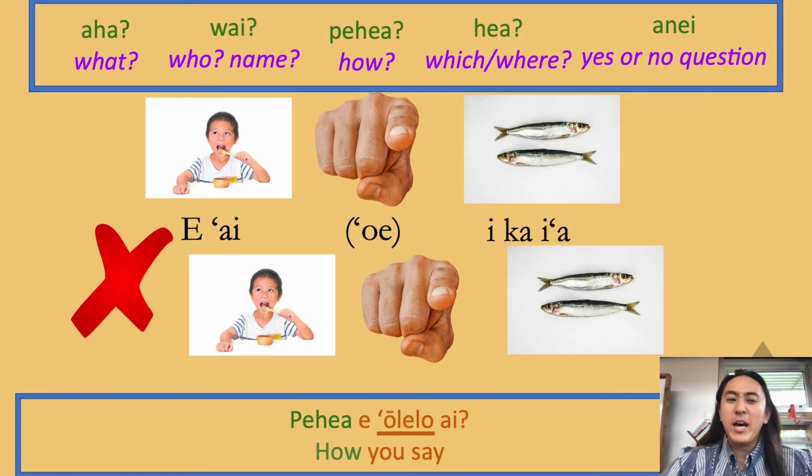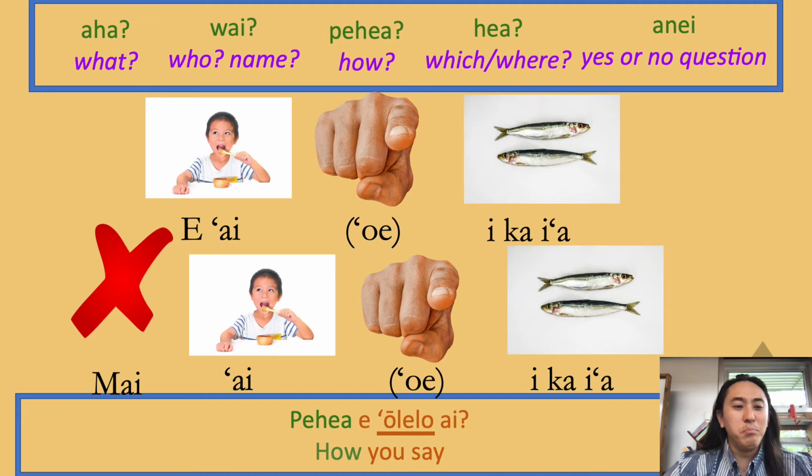So how do you say, don't eat the fish? You learned how to say eat the fish, or you should eat the fish. But what if we wanted to say we don't want to eat the fish? In most cases in 'Ōlelo Hawai'i, no is 'a'ole. But in this case, it is mai.